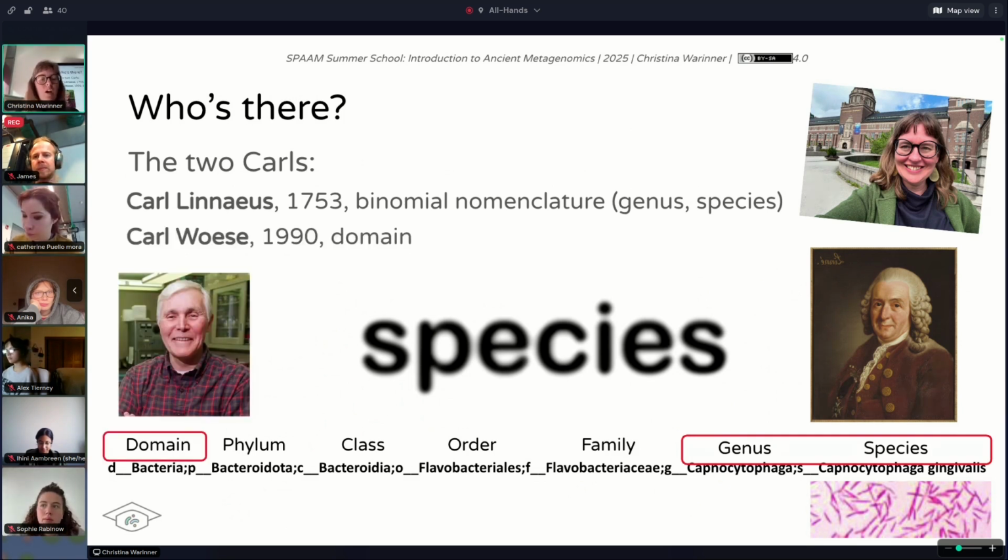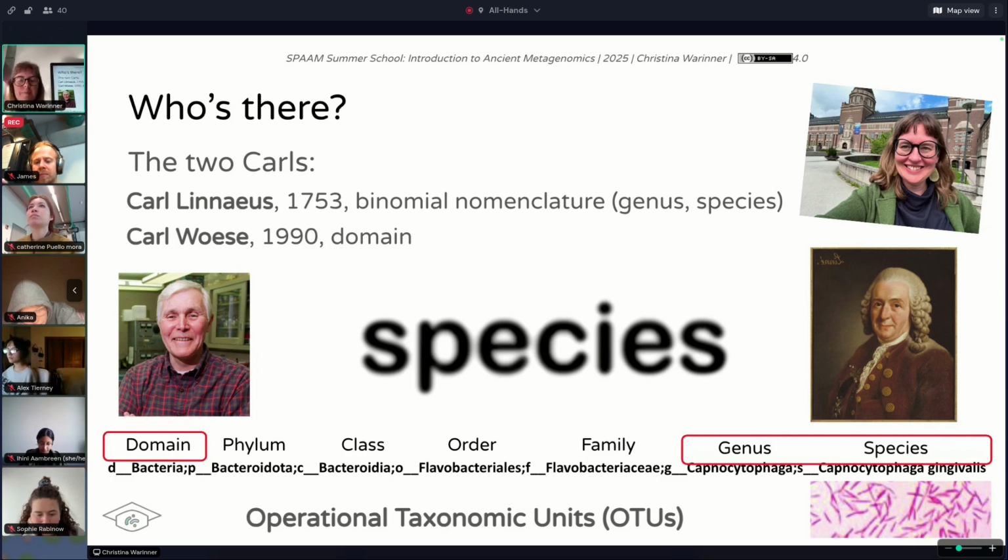The other really important Carl is Carl Woese, who in 1990 coined the term domain to be a higher level taxonomic group, for example, here, bacteria versus eukarya, defining these groups that are above the phylum, which was part of the classical Linnaean taxonomy.